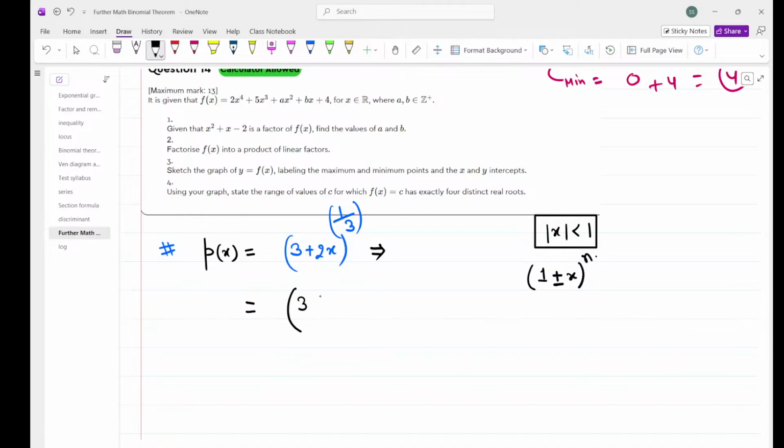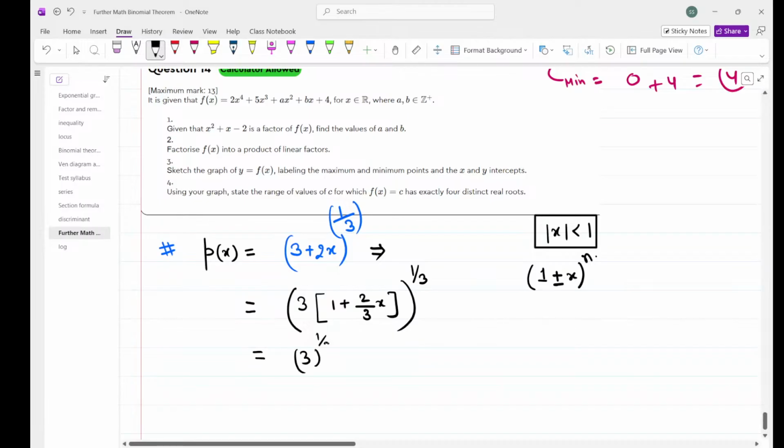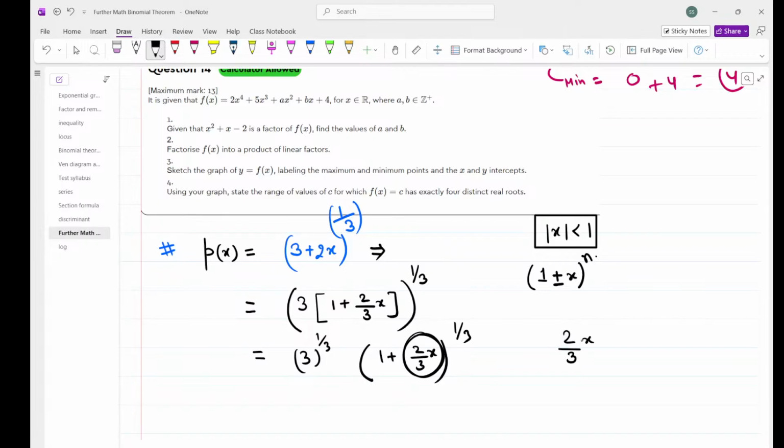You will take 3 as common, then you will get 3 raised to power 1 by 3, and then 1 plus 2 over 3 x, whole raised to power 1 by 3. Now you have the condition on this one: modulus of 2 by 3 x should be less than 1.